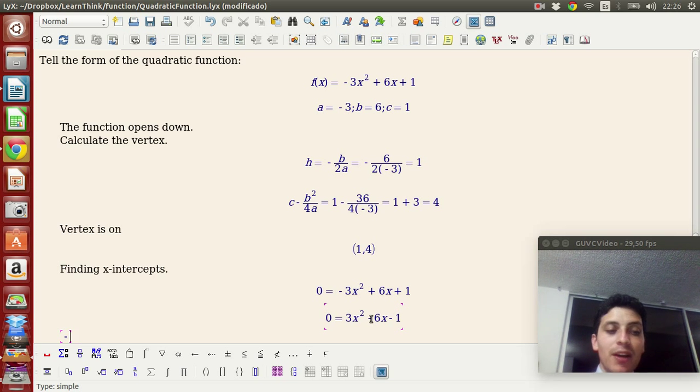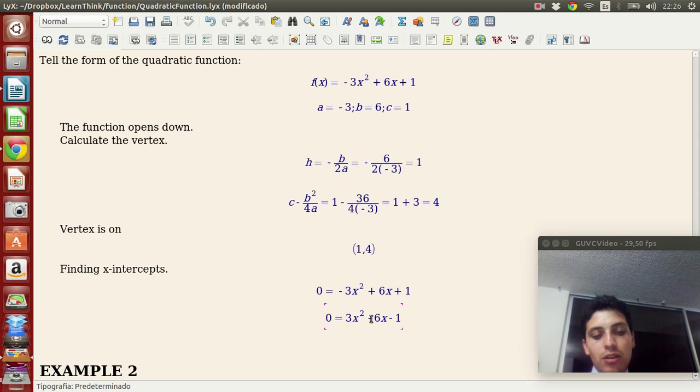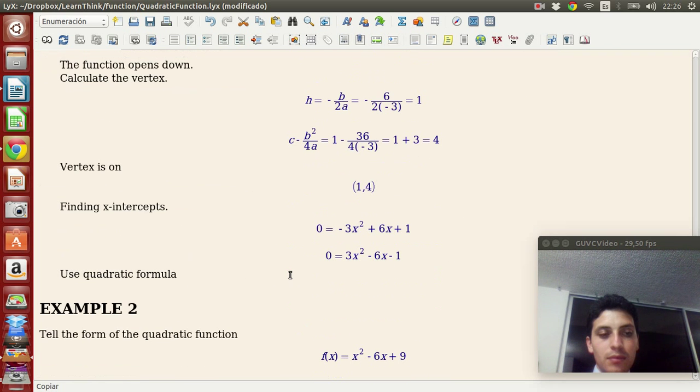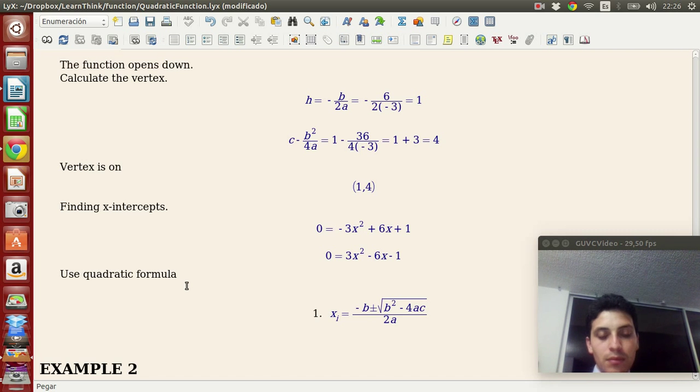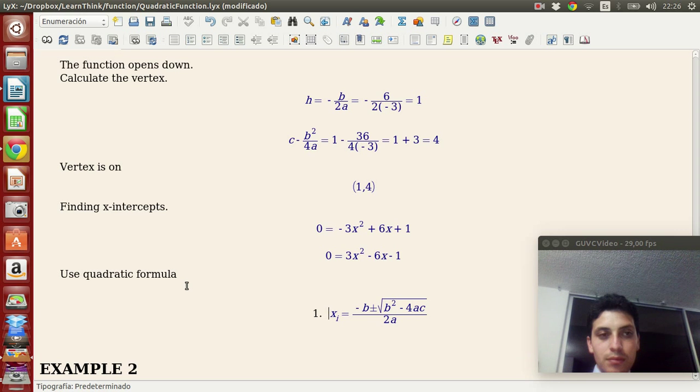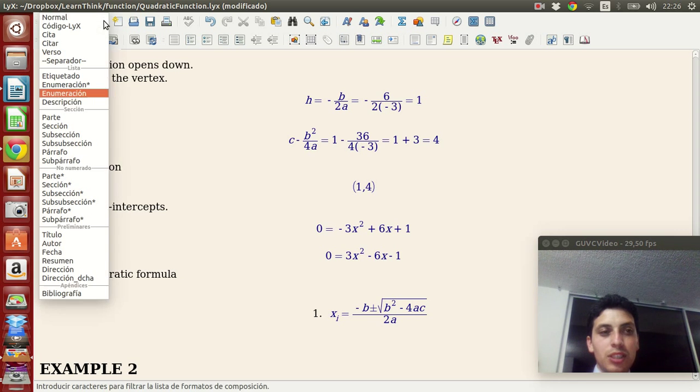So we cannot do it by factoring. So use the quadratic formula.